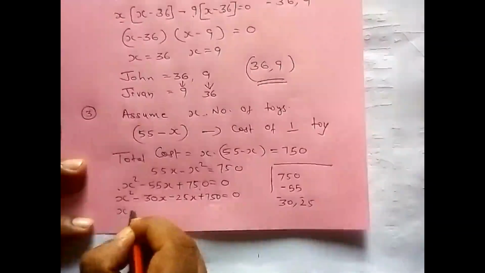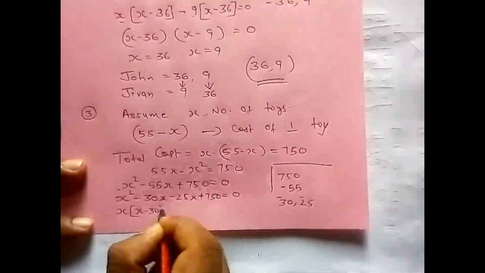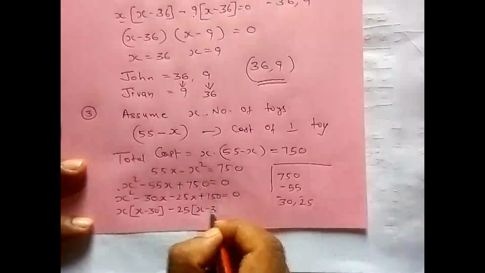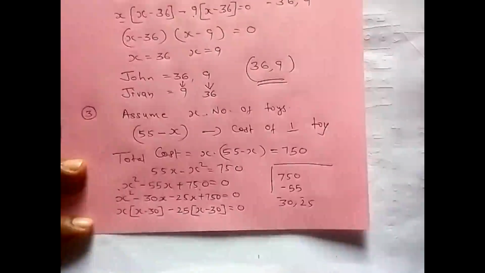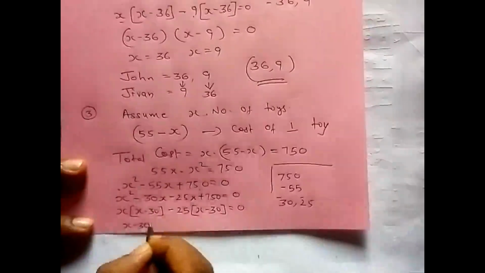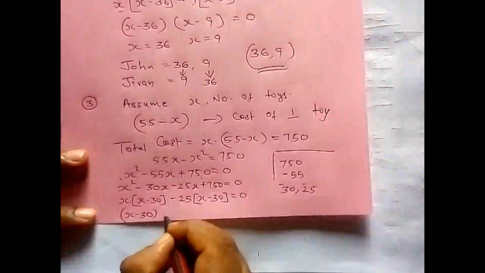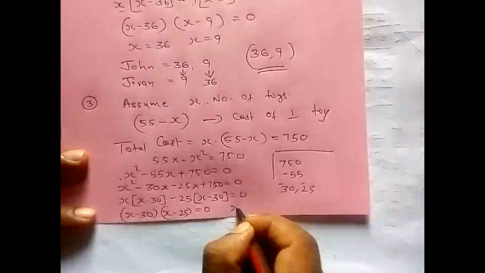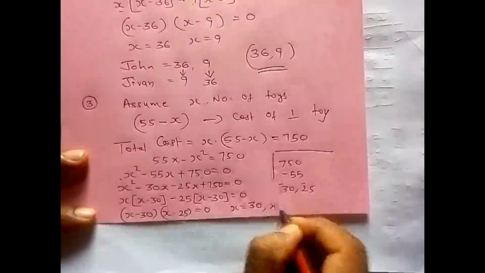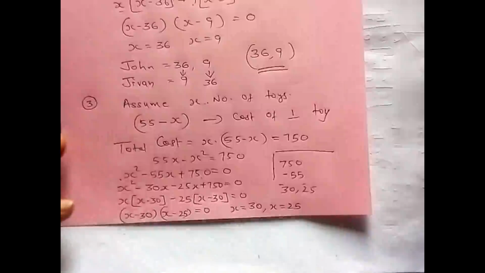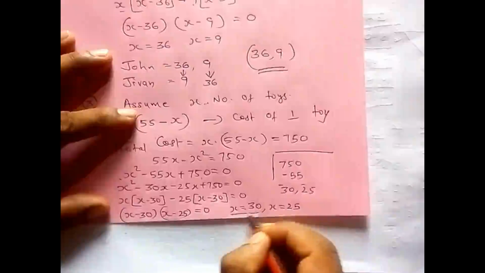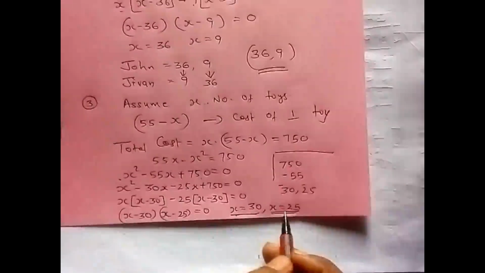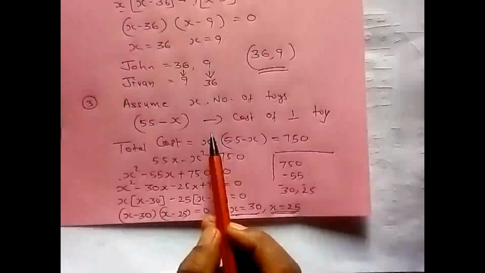Here I can take x outside: x into x minus 30, minus 25 into x minus 30, equal to 0. So x minus 30 is common, and into x minus 25 equal to 0. That means x is equal to 30 or x is equal to 25. So that is the answer. The number of toys produced per day can be either 30 or 25. In both cases, the condition will be satisfied.